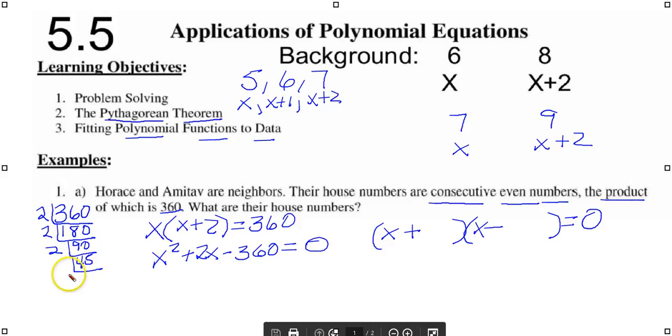Now there's no more 2's left, so we're going to start with the 3's. 3 goes into there, 15. 3 goes into there 5 times. So along this edge are all the prime factors. Now you want to see what combination of these factors will give you two numbers that have a difference of 2.